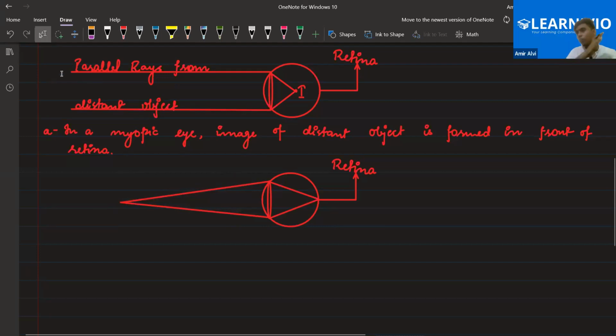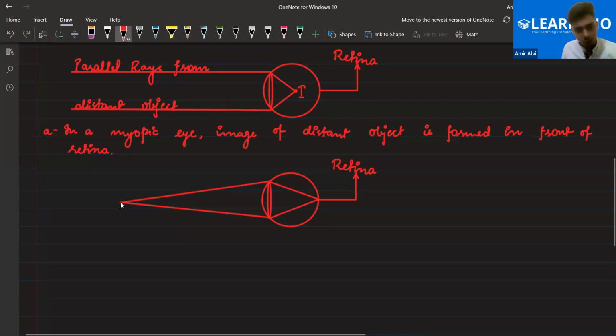Actually the far point was infinity, but due to the myopia, the far point has shifted towards the eye lens. This is a smaller distance than infinity. Right? Yes or no, Shazil? Yes, sir. Okay.